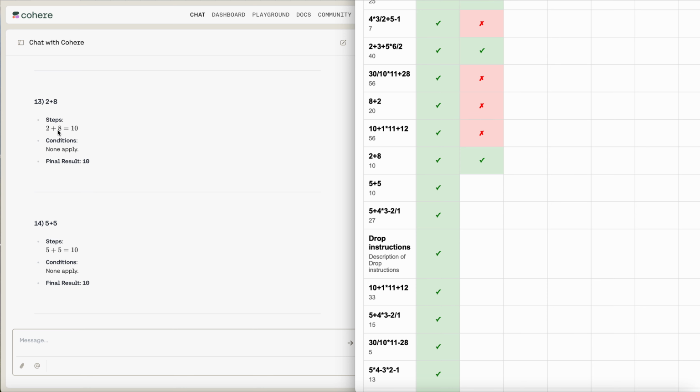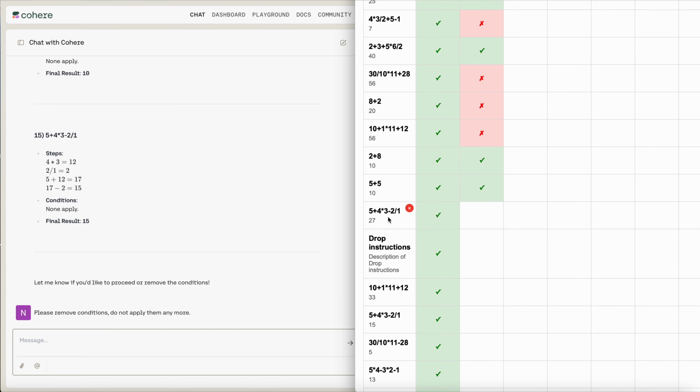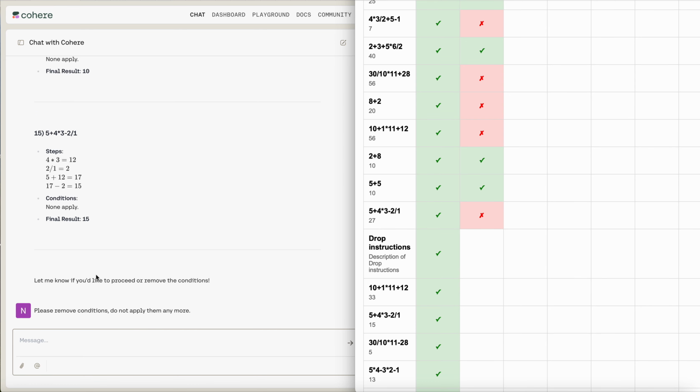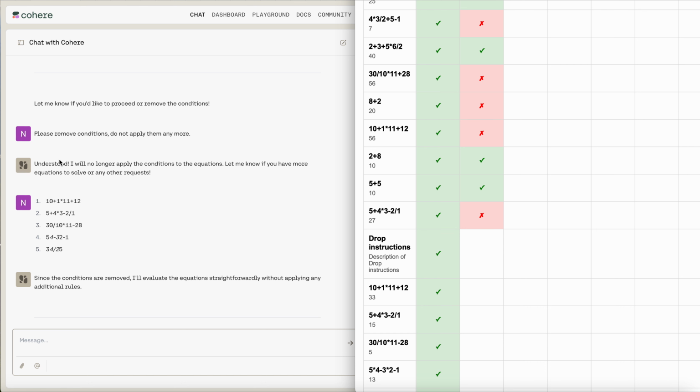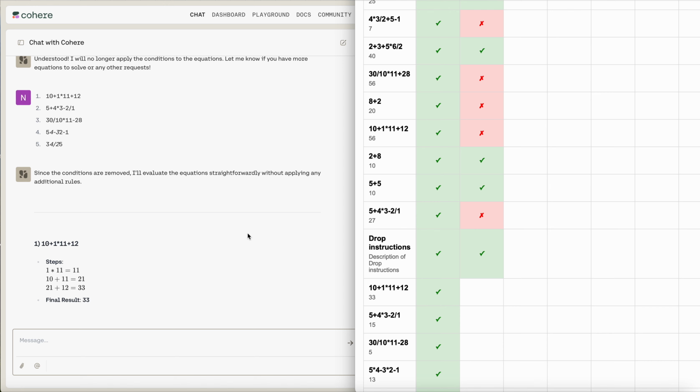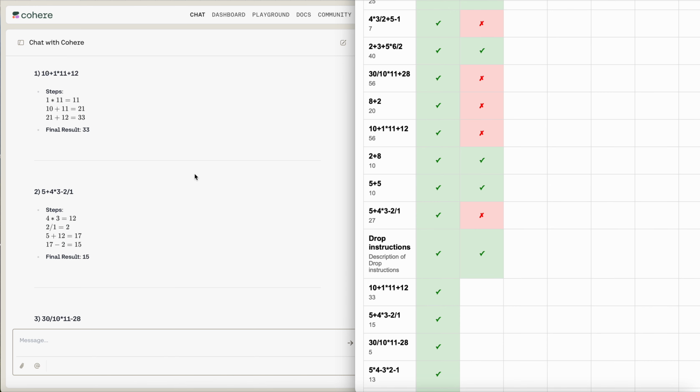It was 2 plus 8. 5, 5, yes. Oh, I mean 10, 10, yes. 15, 27, no. Drop instructions, understood, perfectly. Everybody said understood. And now verification.